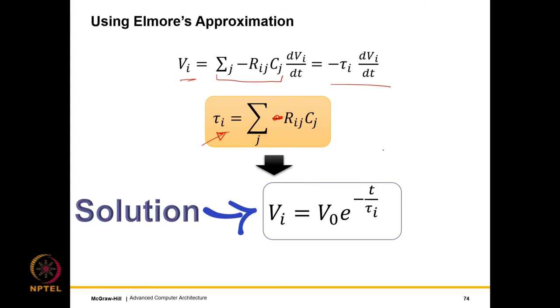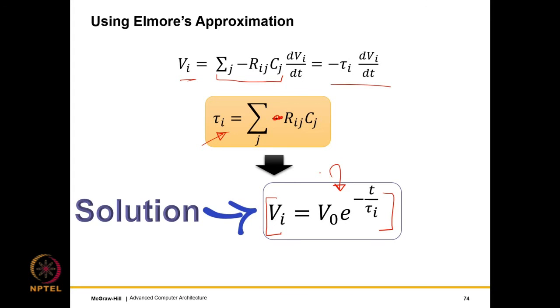If I solve it and put in the boundary conditions, then the solution will come out to this, where V0 was the voltage before we set it to 0. If we put t equal to 0, then Vi will become equal to V0, and if we put t equal to infinity, then Vi will be equal to 0. So this is essentially the solution of the RC tree.